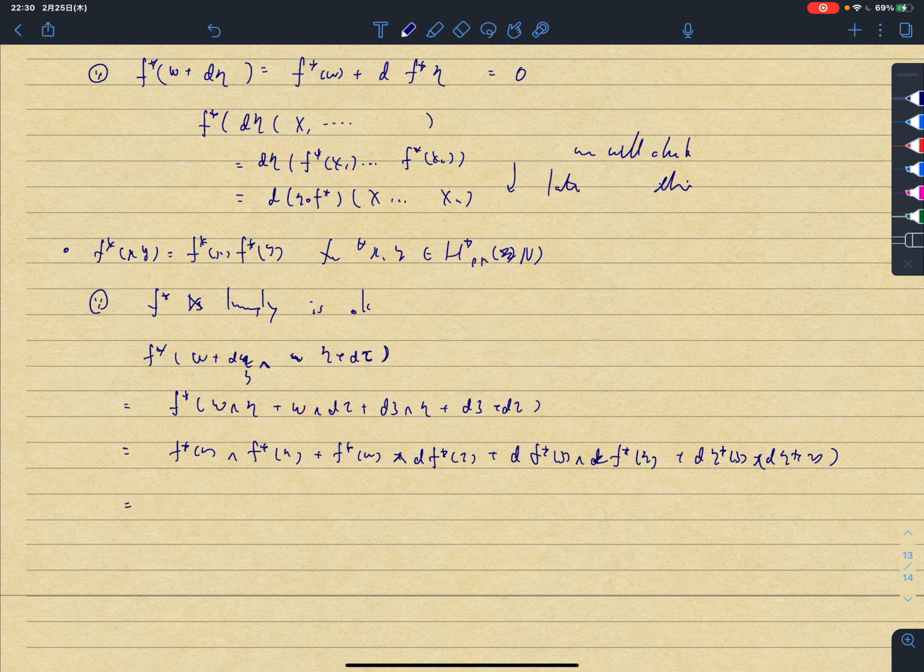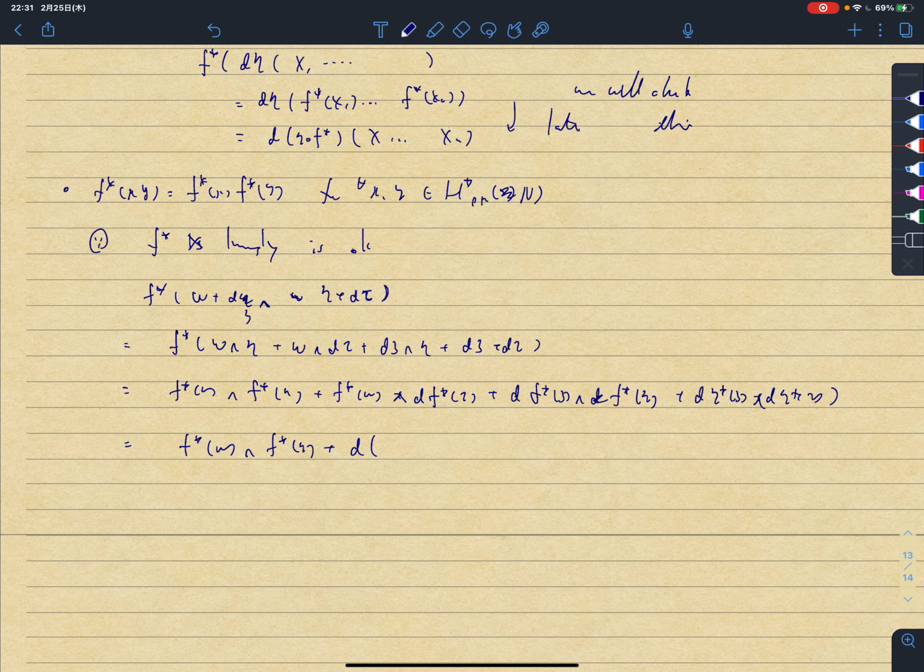So this equals F star, d F star omega is a K form.